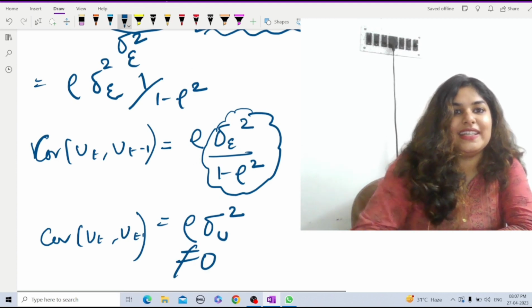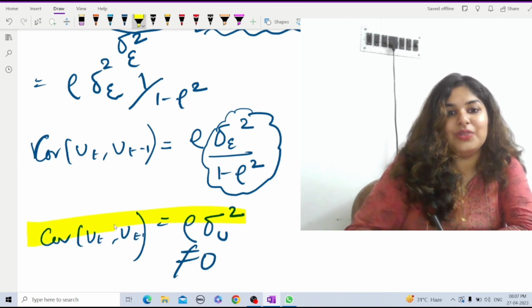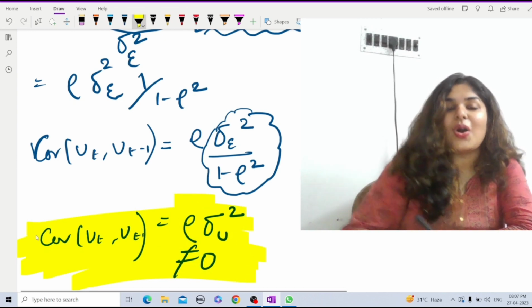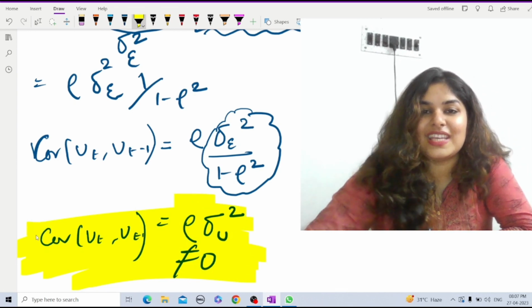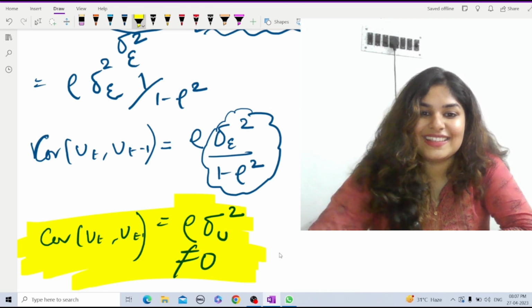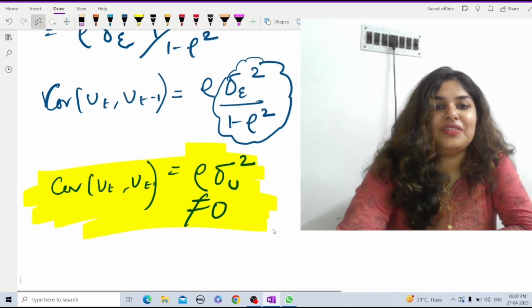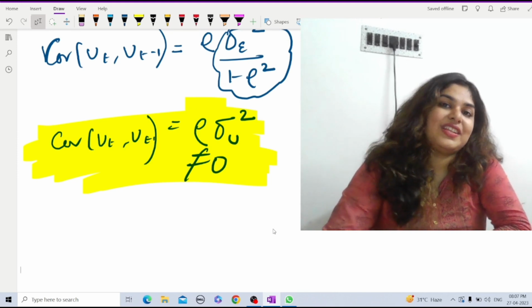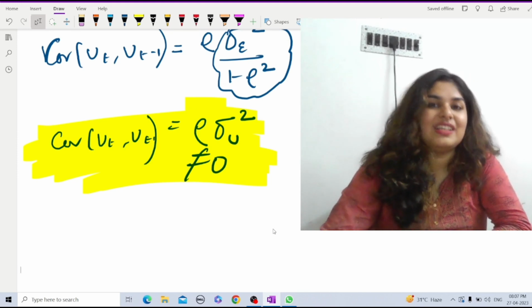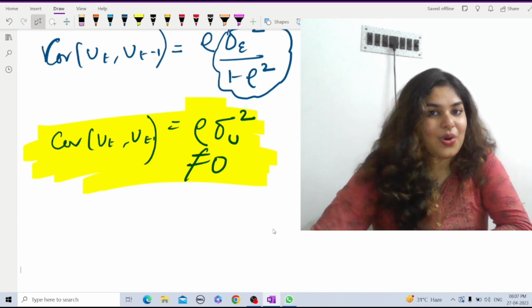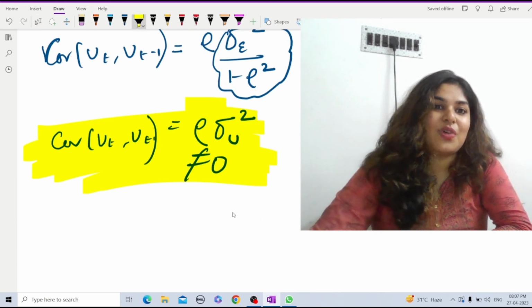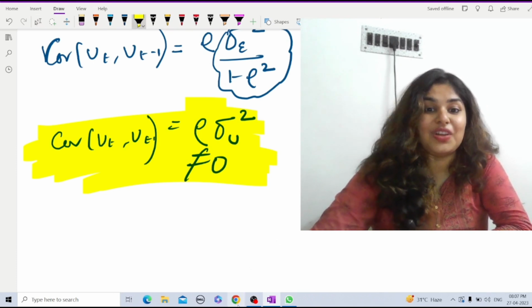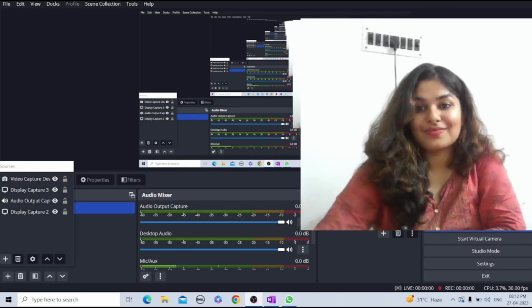So they are autocorrelated, and this is the value of the correlation of the autoregressive scheme of order 1. Now that we have got it, and we also have the mean value, we will just see whether when these ut are autocorrelated, they will yield an unbiased estimator or not. So what is the unbiased estimator of this disturbance term? That is the next thing that we are going to calculate.